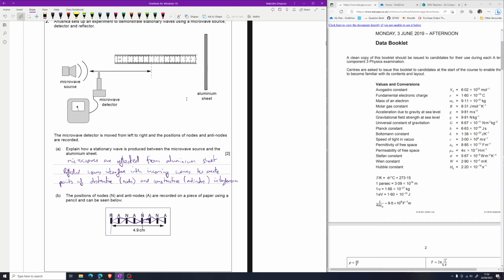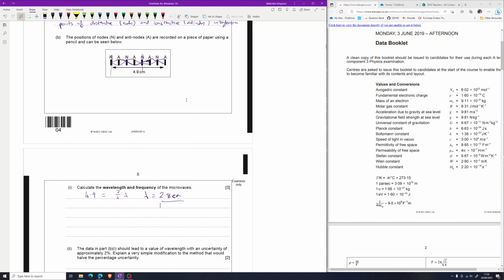We're not given any further information, but these are microwaves, so they travel at the speed of light. Using c equals f lambda, frequency is c over lambda: 3 times 10 to the 8 meters per second, so do be careful, divided by 2.8 times 10 to the minus 2, turning our wavelength into meters.